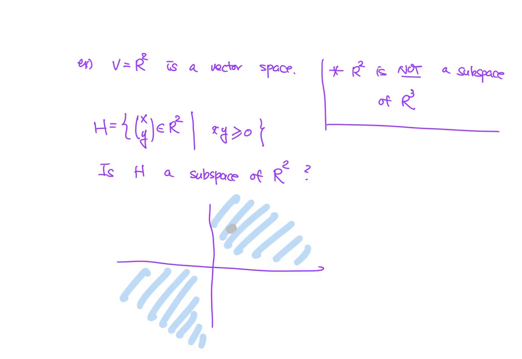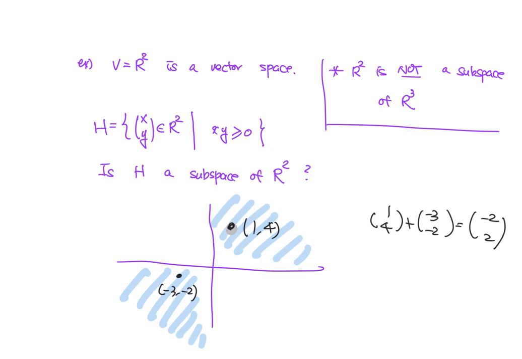Now, if I consider some elements like, say, (1, 4), that is in H, and say (-3, -2) in H. If I add those two, (1, 4) plus (-3, -2), you get (-2, 2).